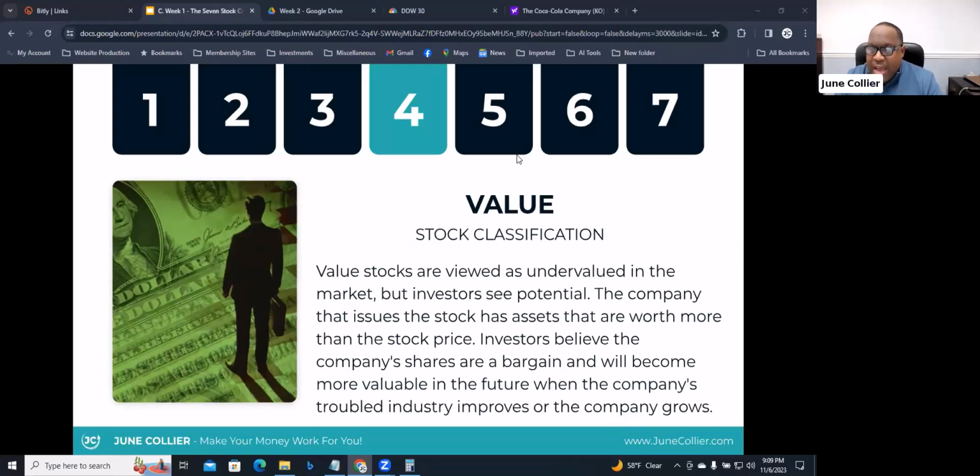Another value stock that you might find is when some bad news happens to a company, but it's temporary. I'll give you an example. Many years ago, probably 8 years ago, there was an incident on, I think it was United Airlines. There was an Asian guy that got pulled off the plane.